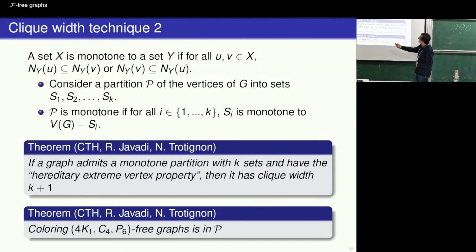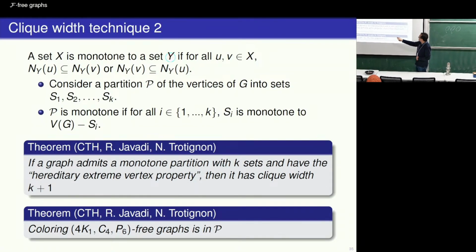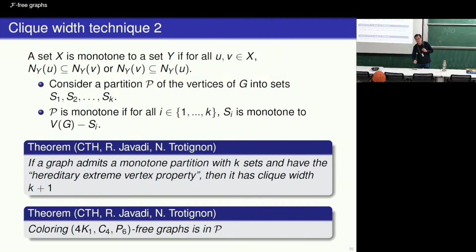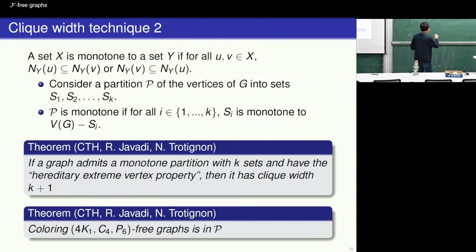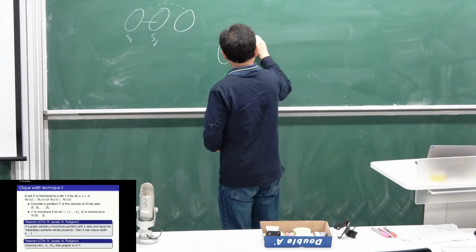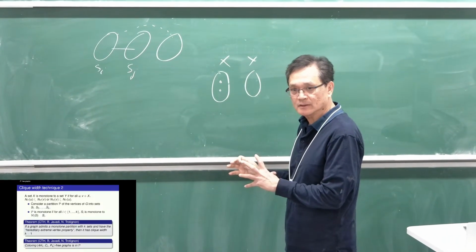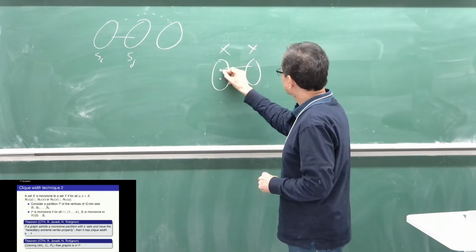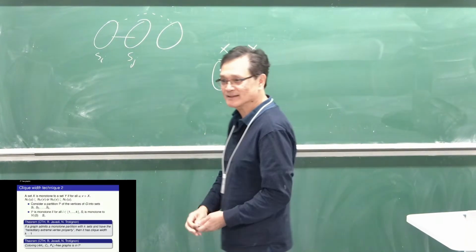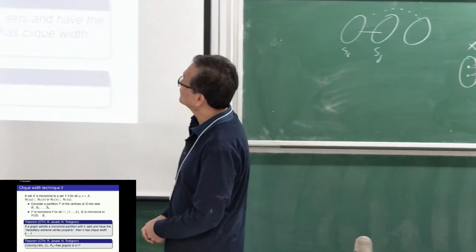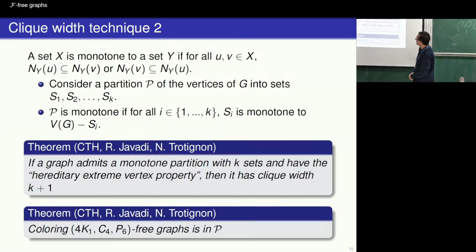Okay, so I say that a set X is monotone to Y if any two vertices in X have comparable neighborhoods in Y. Comparable means the neighborhood of one is contained in the other. So that's called a monotone set.